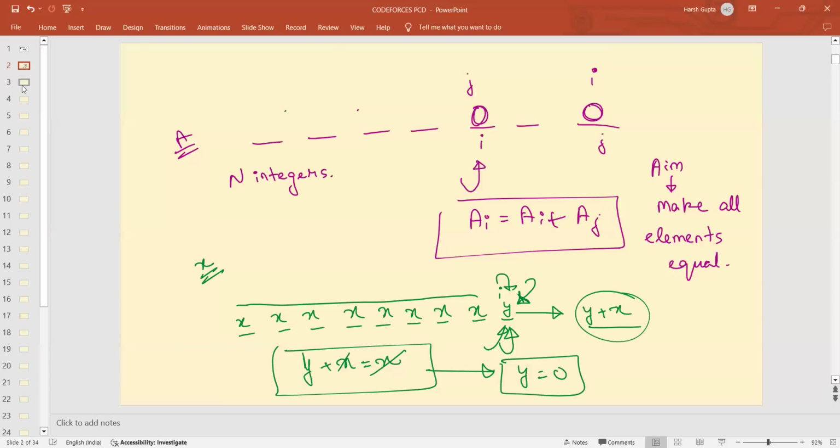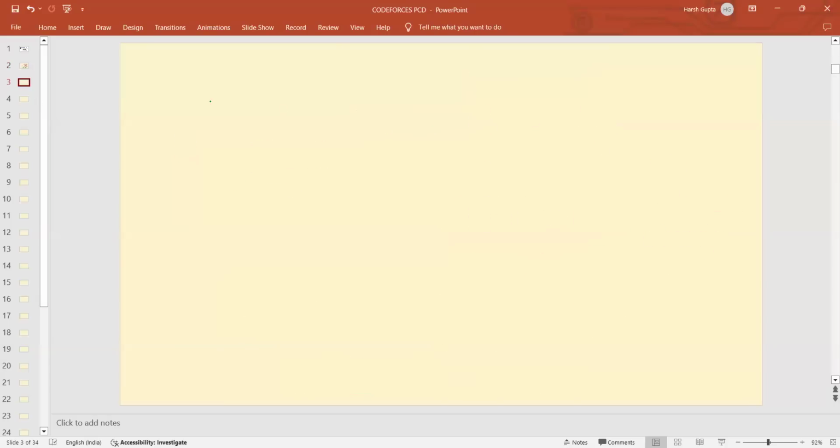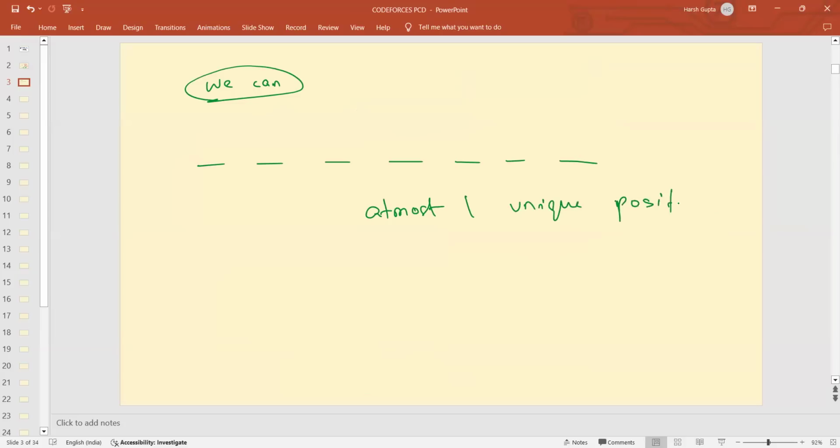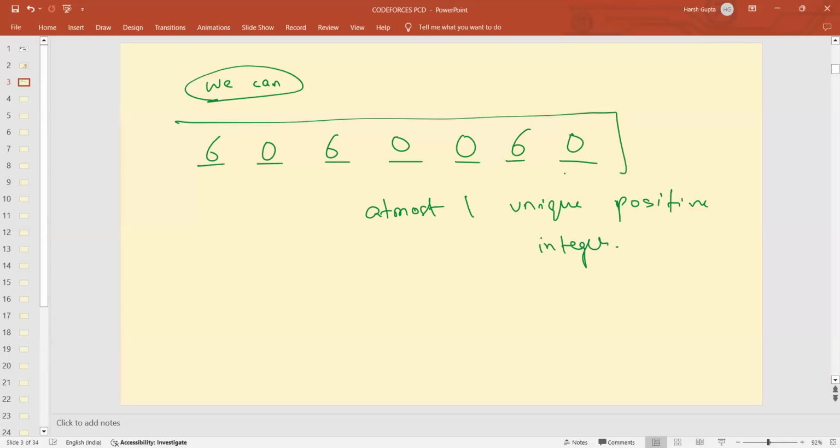So from this, what is the conclusion we made? We made a conclusion that we can make each and every element of the array equal only when it contains at most one unique positive integer. That is, if the array is something like 0, 6, 0, 0, 6, 0, 6, now you can make all elements equal by replacing these values by the sum of these indices.